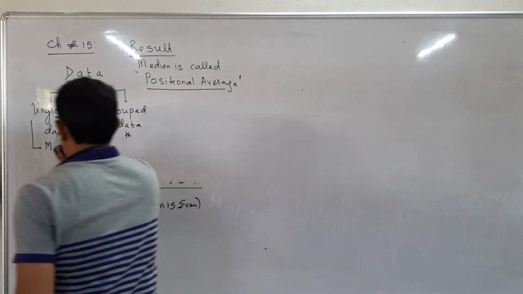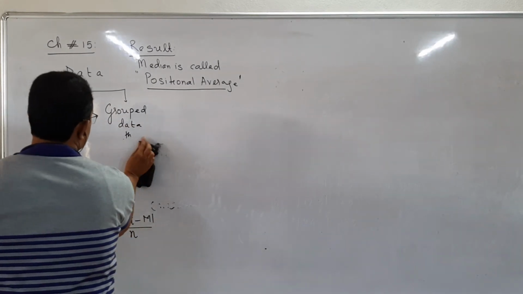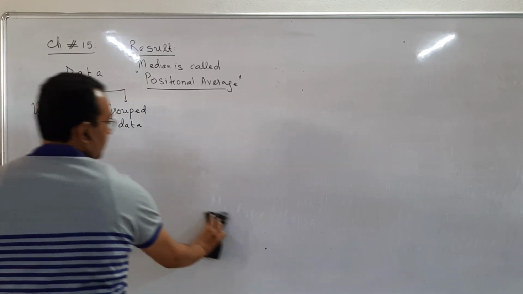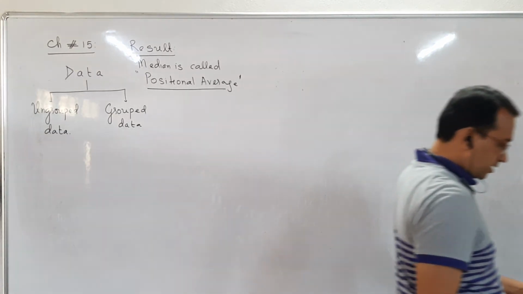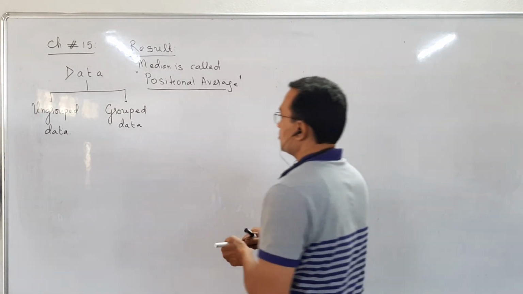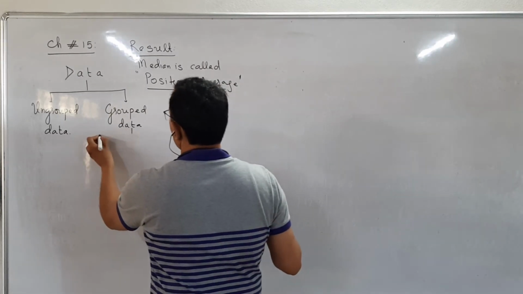I want to explain a few fundamentals regarding group data, and that is also very, very important from a theoretical point of view. In group data, again students, we have 2 types.